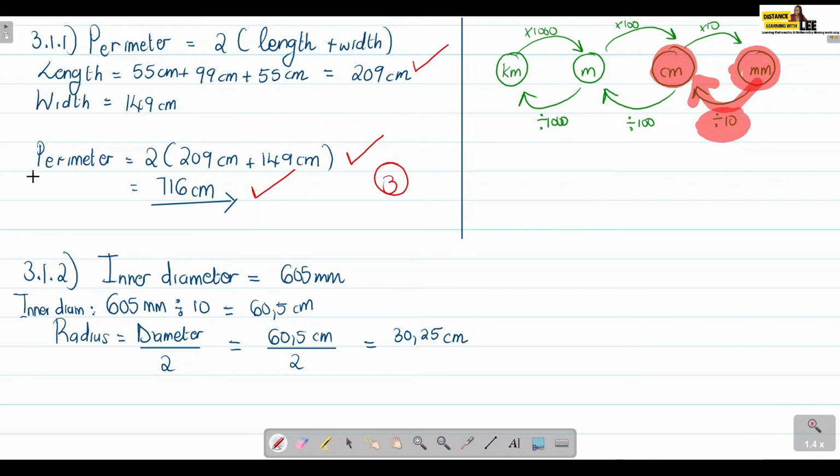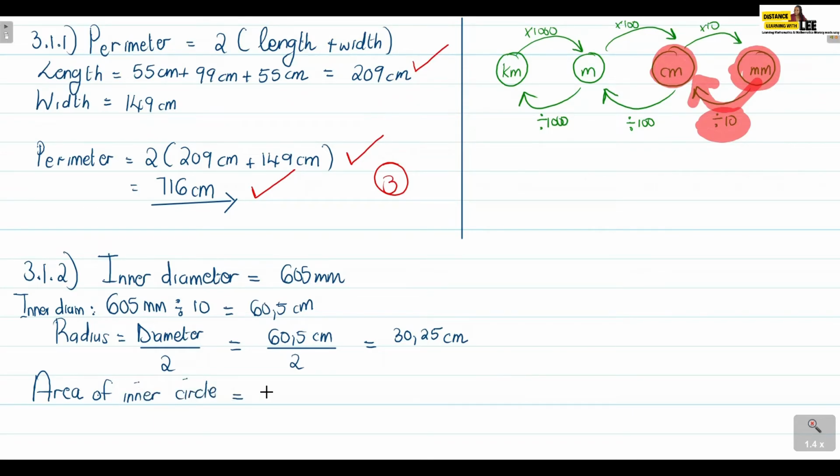From here, we are ready to substitute our values into our area formula. The area of our inner circle is equal to 3.142, which is pi, but a pi that has been rounded off, multiplied by our radius, 30.25 centimeters, squared.